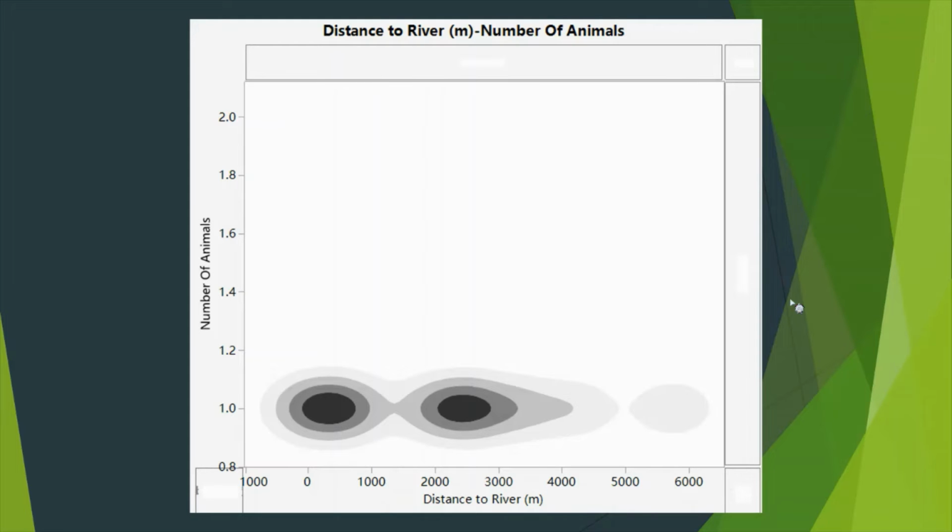So maybe a few of the hyenas stayed closer to the rivers, but this shows very different, very dark, because we just have a few data points. So just ignore this. This picture is weird.